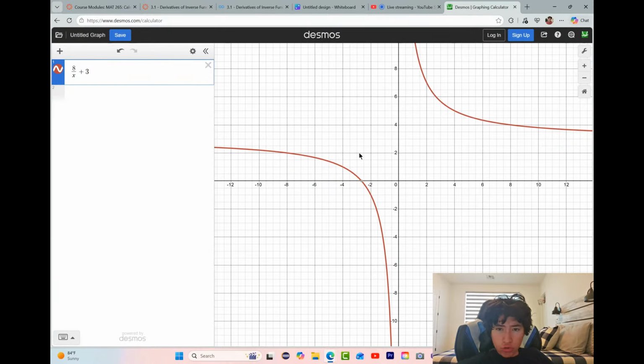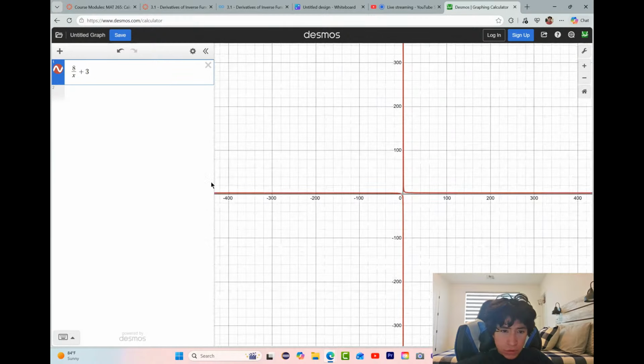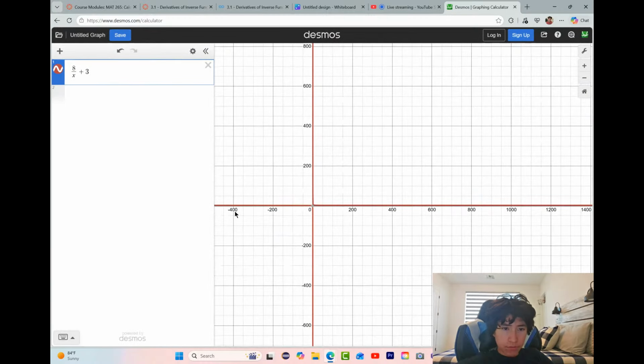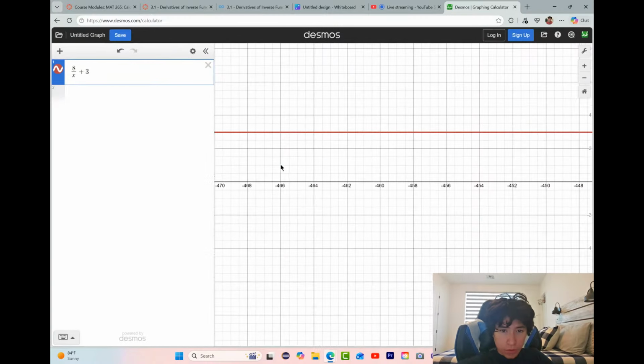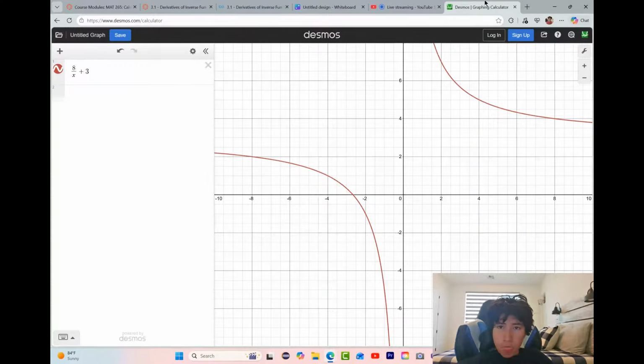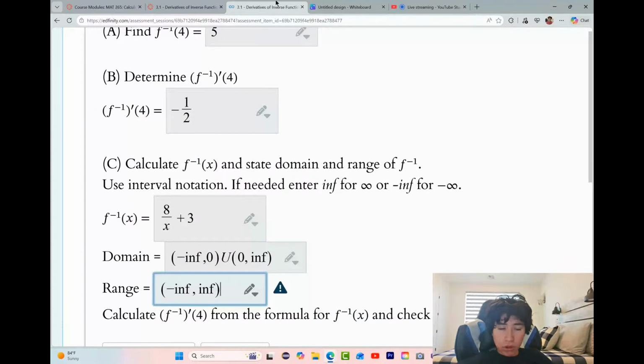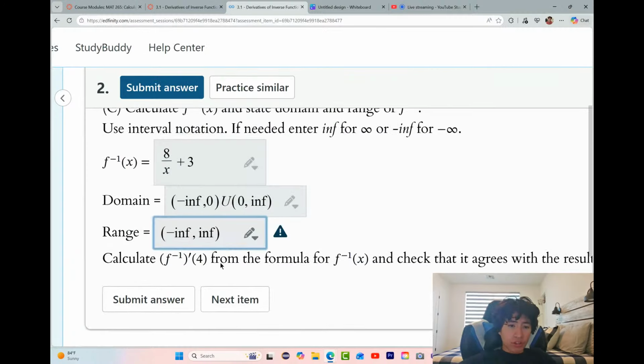Except like 2.2 or something? Here, I'm just gonna close that for a second. The left endpoint is incorrect. Okay. The range. Well, dude, I don't know.